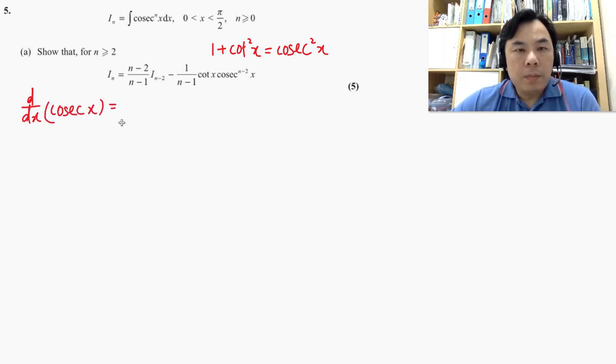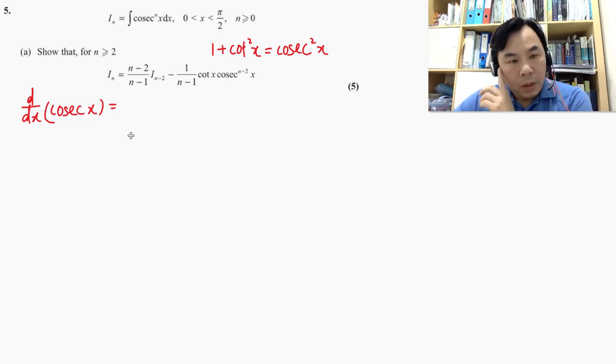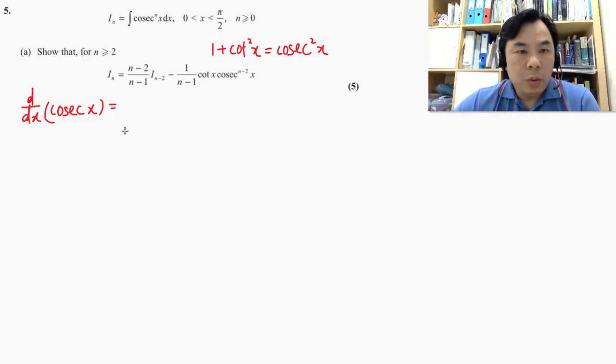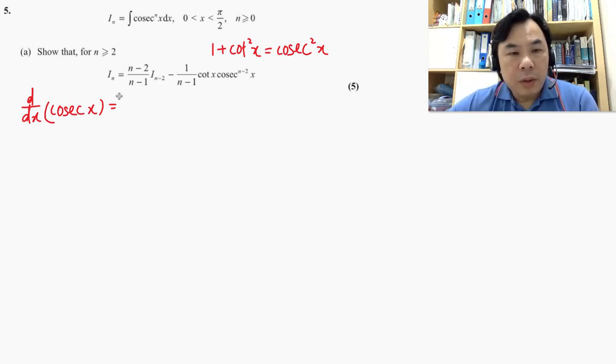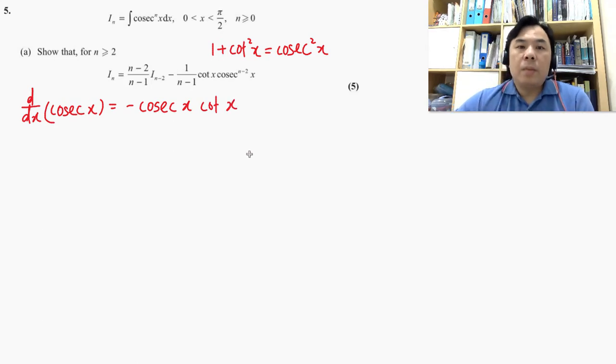You can use your quotient rule or chain rule to deduce the differentiation of cosecant. After you've done that, the result that you will get is negative cosecant x cotangent x.